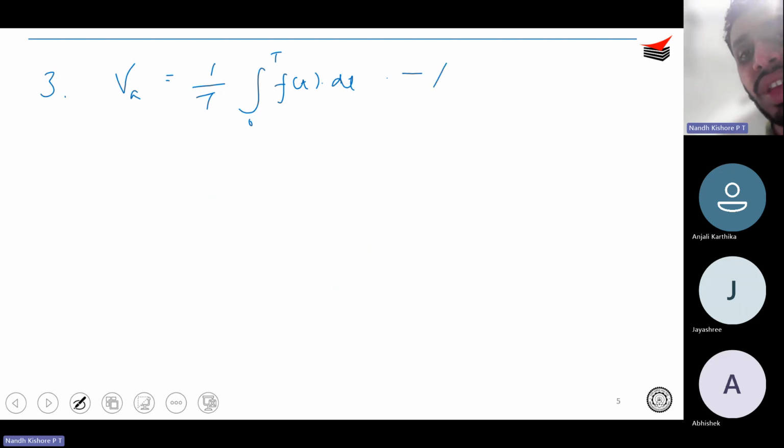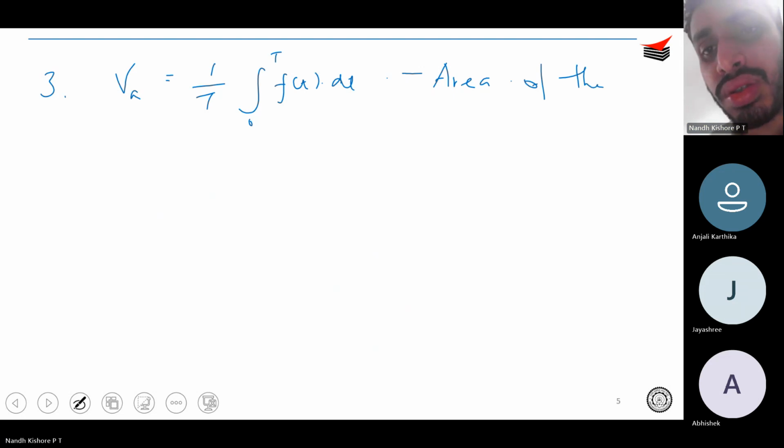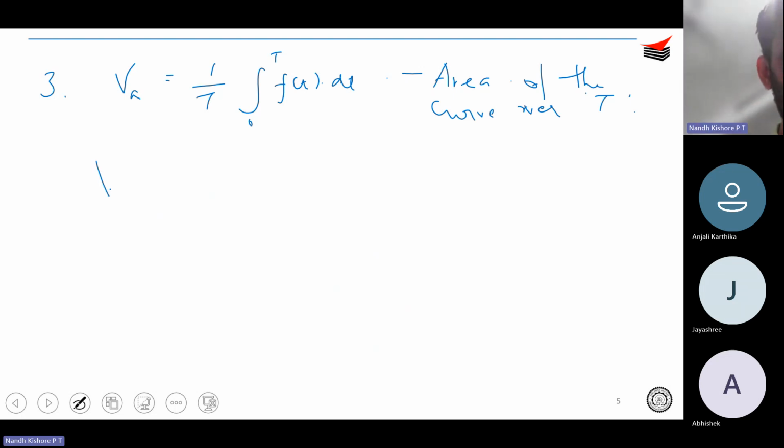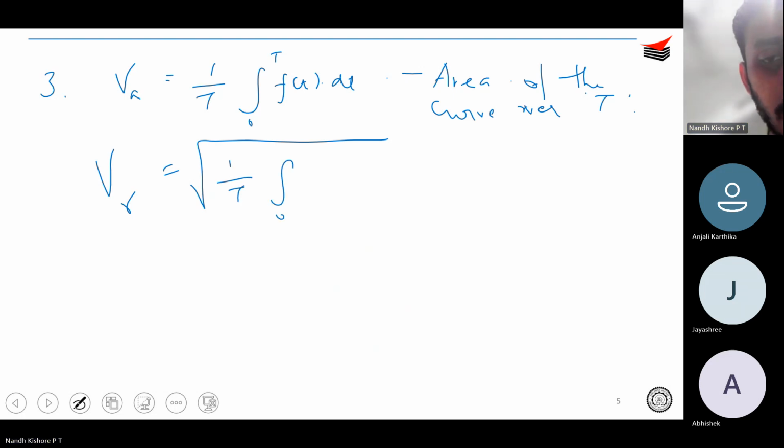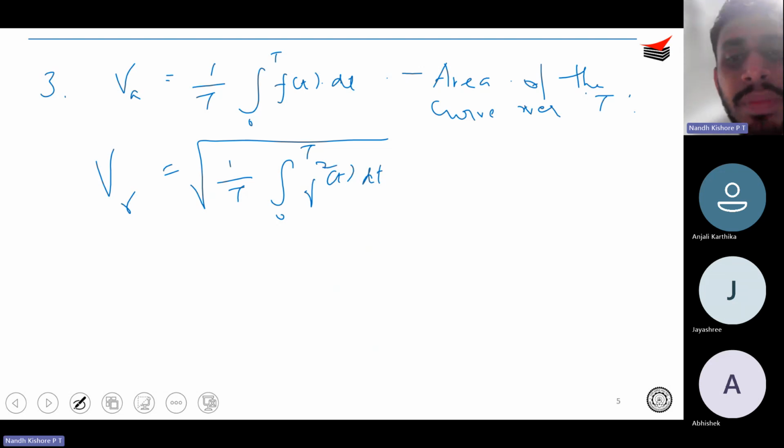Okay, or this is the area of the curve over period T. And what is the VRMS, or the root mean square, right? So it's a root, and then it's a mean which is getting squared, f square of t dt. Okay, so 1 by T integral 0 to T f square of t dt.